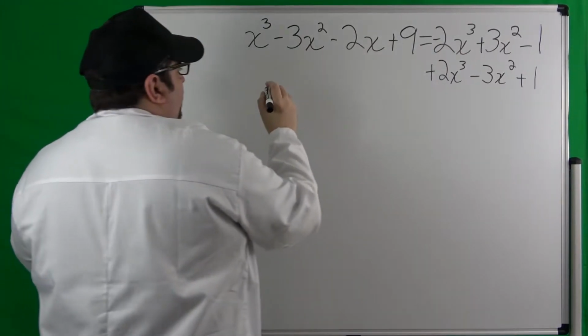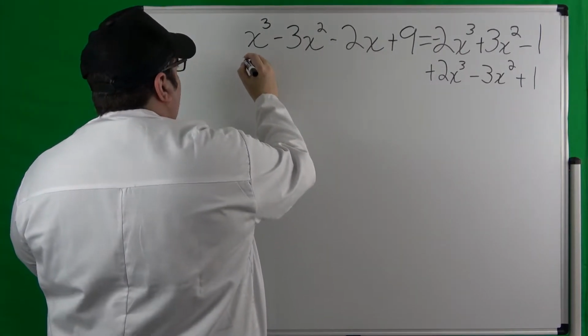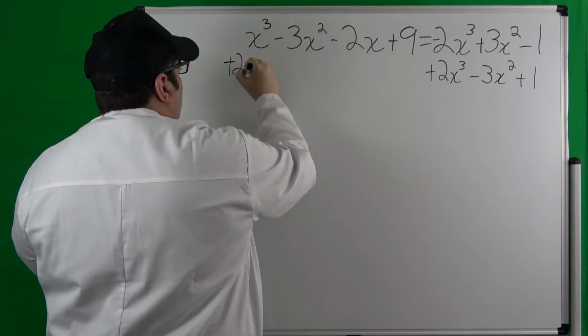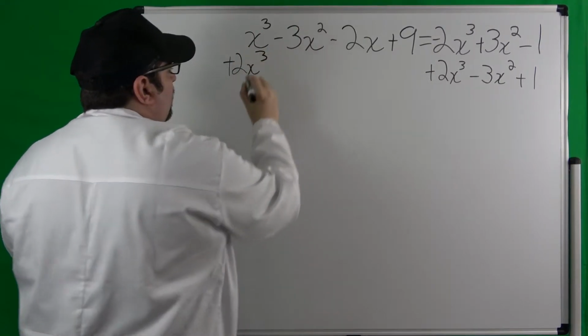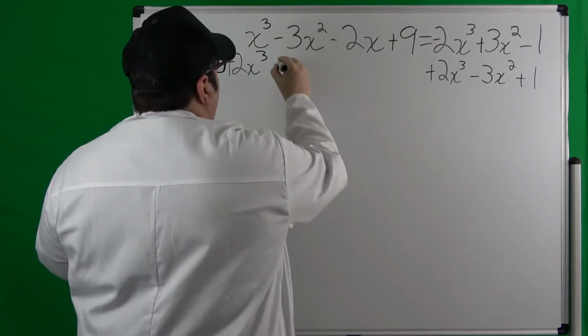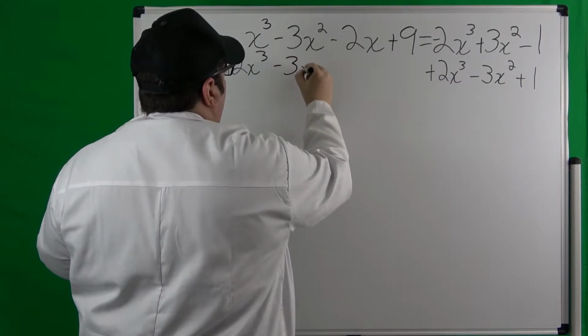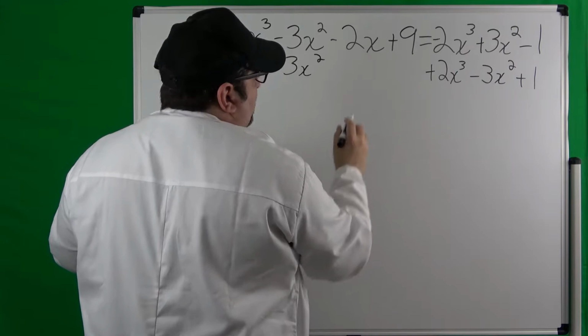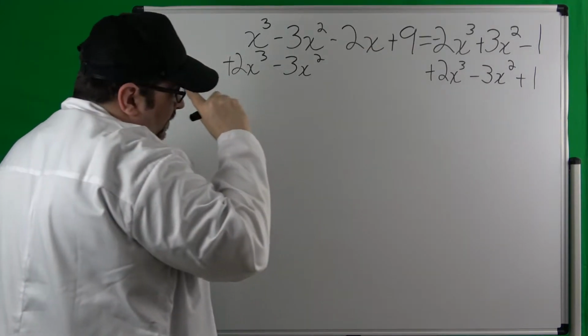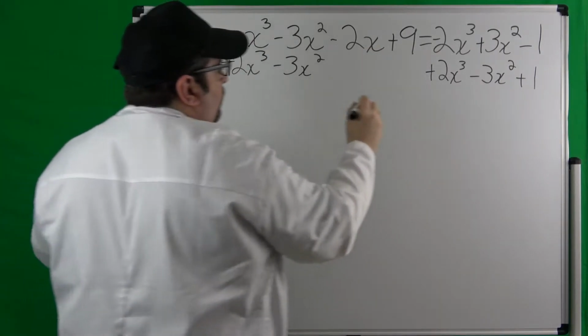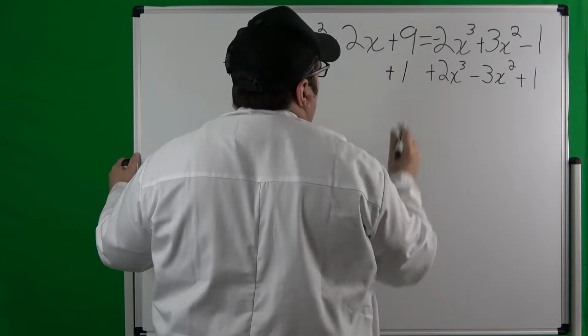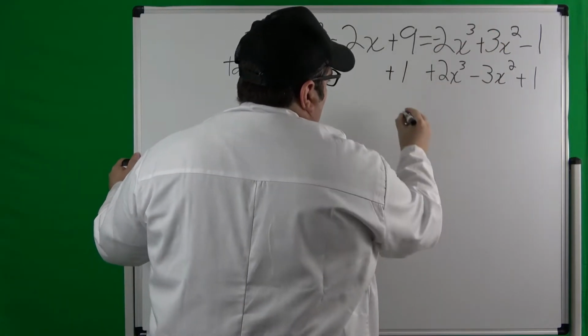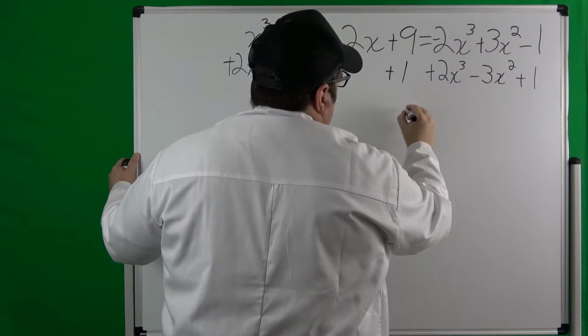So the cubed x we'll put here. Then we got minus 3x squared. We don't have any x to the first power. And plus 1. So all that goes away and we get equals 0.